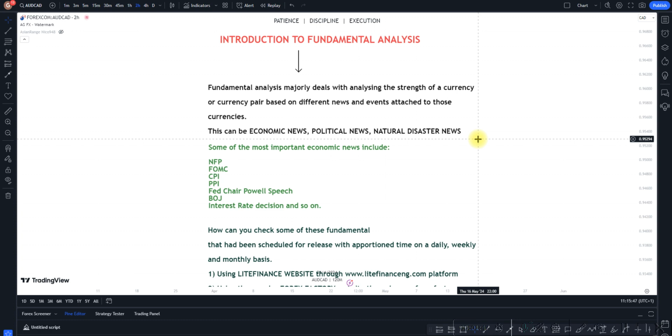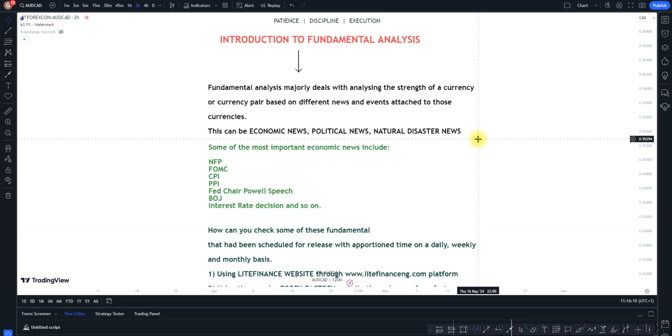So since we pair currency against each other, for example, we pair the euro against the US dollar, or we pair the US dollar against the Japanese yen, looking at different news and different events is going to enable us to know whether we are going to be buying a pair like USD JPY, or we are going to be selling.